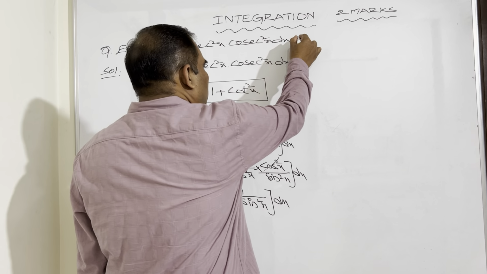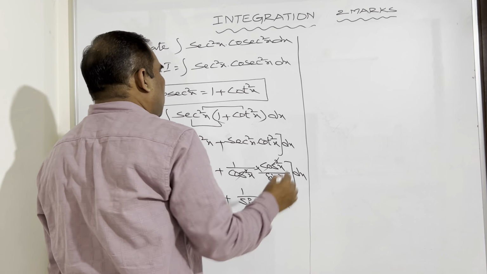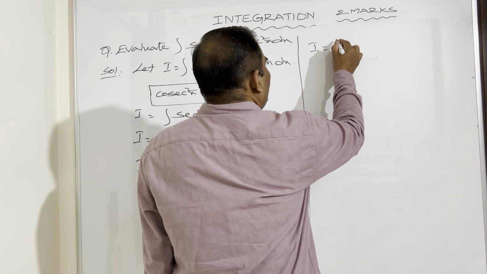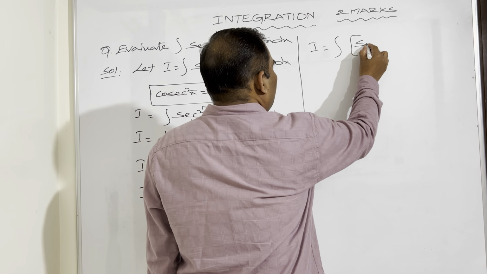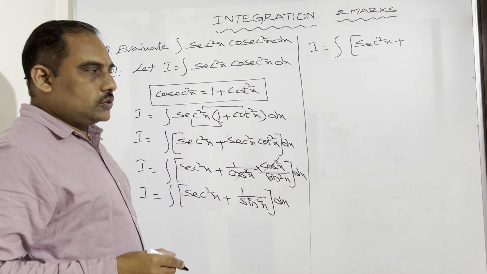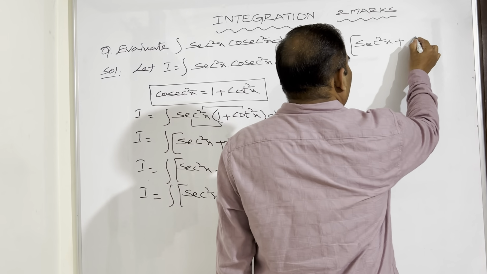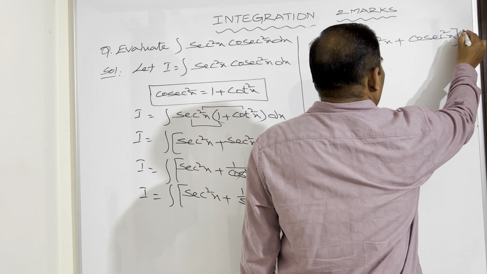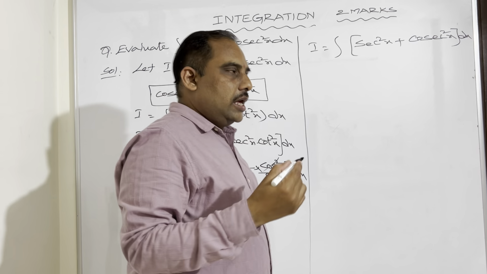So now I is equal to integral secant square x plus, we know that 1 by sine is cosecant, so 1 by sine square x can be written as cosecant square x dx.